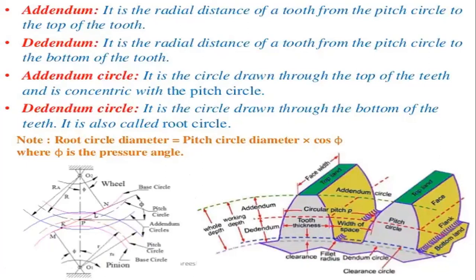Next one is the dedendum circle. It is the circle drawn through the bottom of the teeth, and it is also called the root circle. So this dedendum circle is also called the root circle.